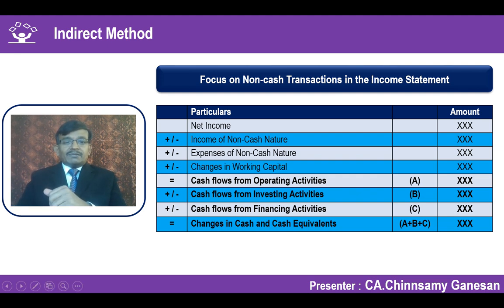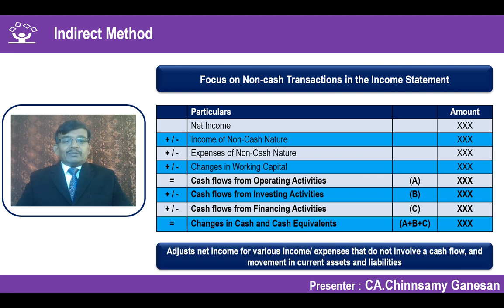That's what we have seen in the cash flows in Excel format. That gives you the cash flows from operating activities, and of course before you arrive at that, you should also adjust for the payment of taxes, net of refunds. Then you have cash flows from investing activities, which may be plus or minus, then cash flows from financing activities. The net of all these gives the changes in cash and cash equivalents for the current reporting period.